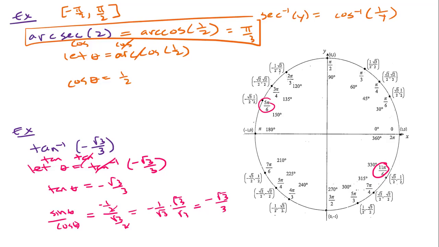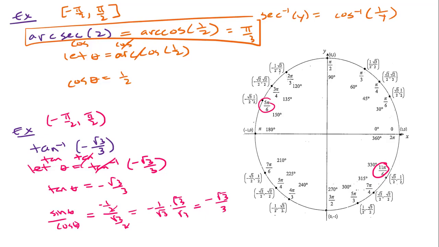Now, again, we're dealing with inverses, so we need to be careful in regards to the range that we're working in when we're talking about the inverse. So in this case, for the inverse tangent, that's going to be negative pi over 2 and positive pi over 2. So notice that the endpoints here, right, are not included.